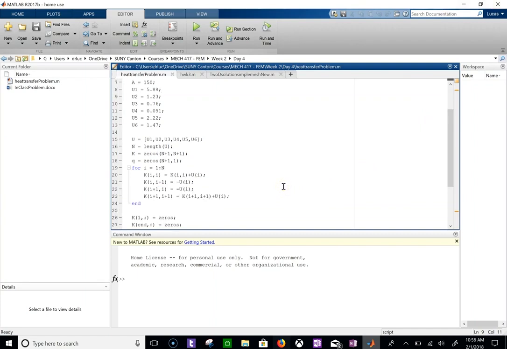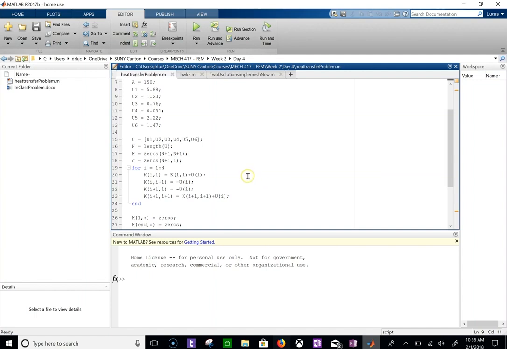So my N, I based it off my number of elements in this case. So here's my stiffness matrix. I initialize. Here's my Q matrix. And look, does that look familiar? So I built my stiffness matrix based on the size of my elements.